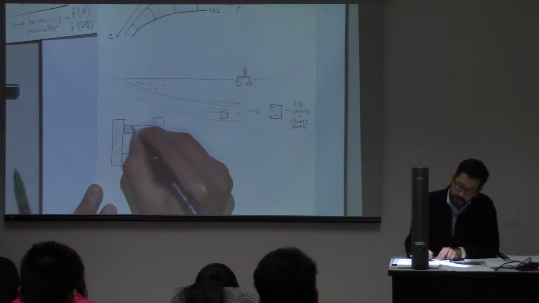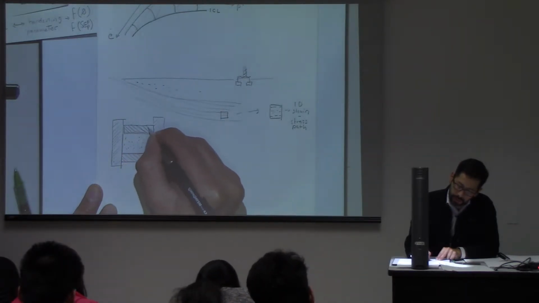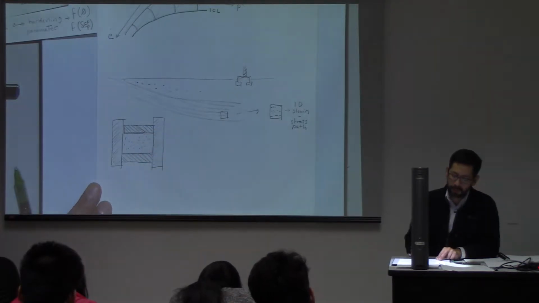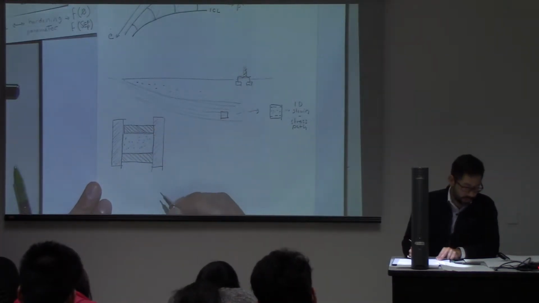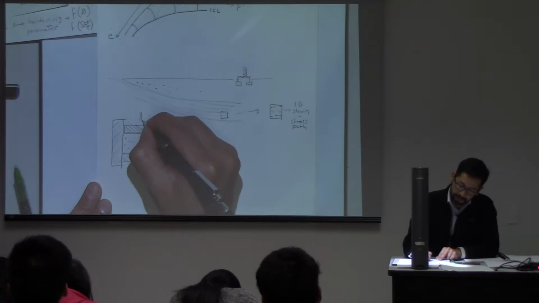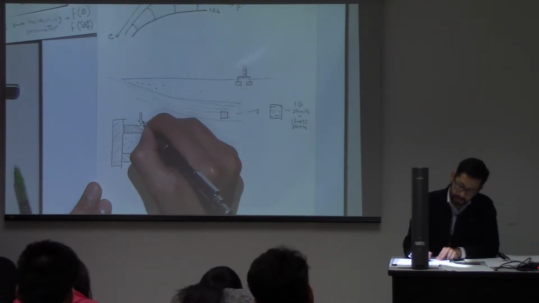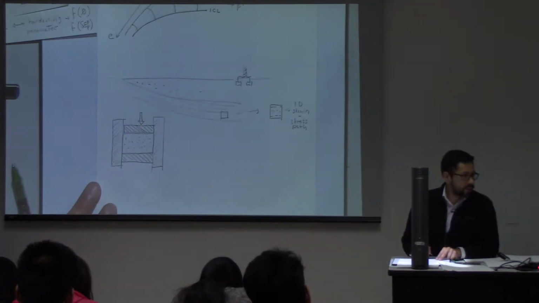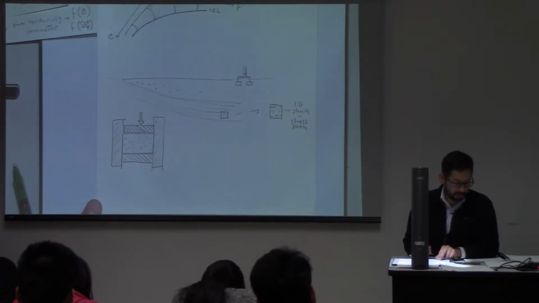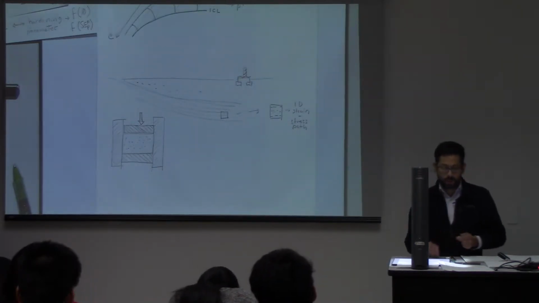Most times these sediments are fully saturated with a fluid, many times water. So if I were to apply an effective stress in this direction, what should I do if the sediment is filled with water?